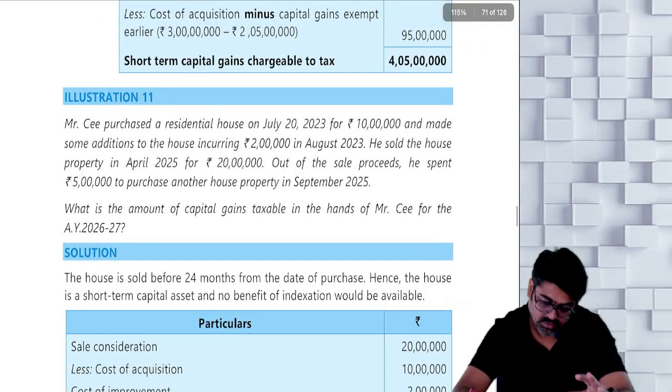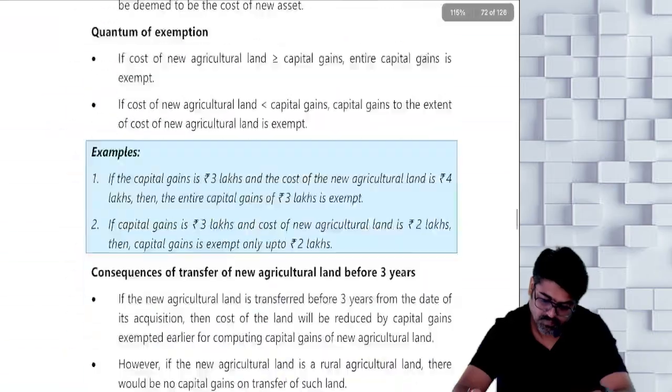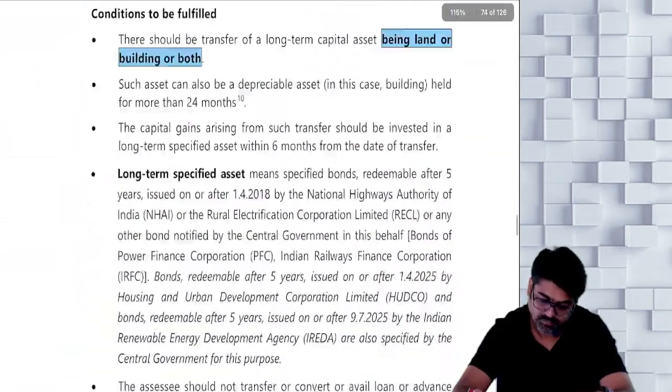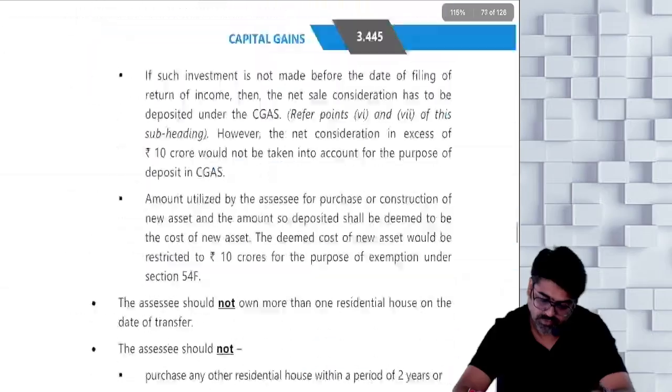Okay, residential house. This section 54 and all. 54EC.